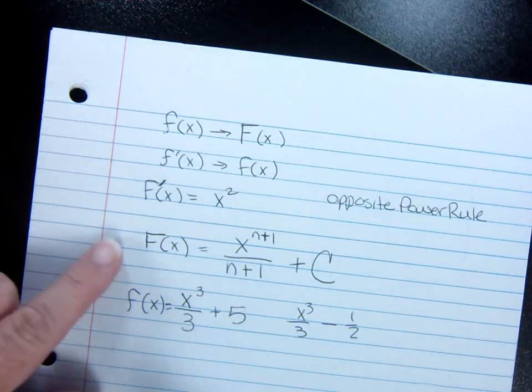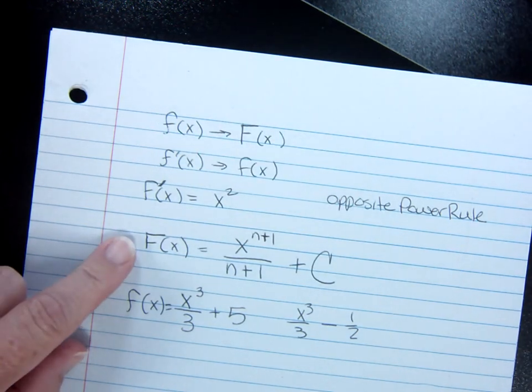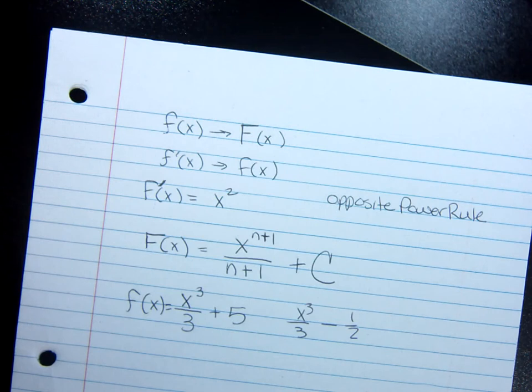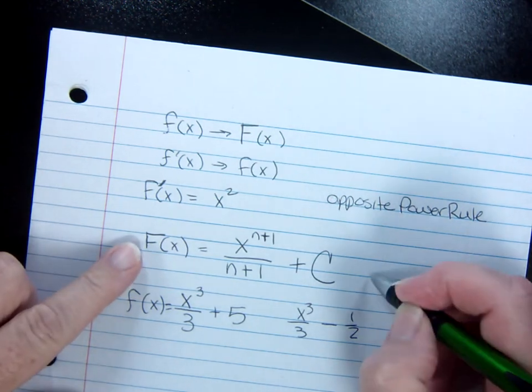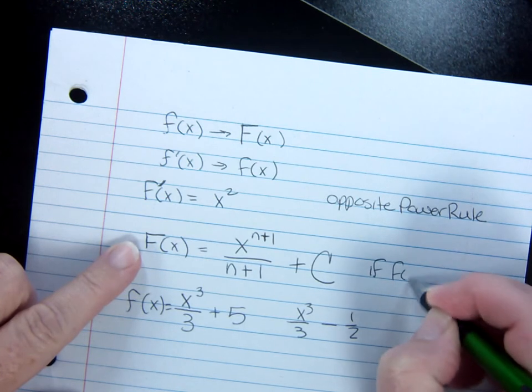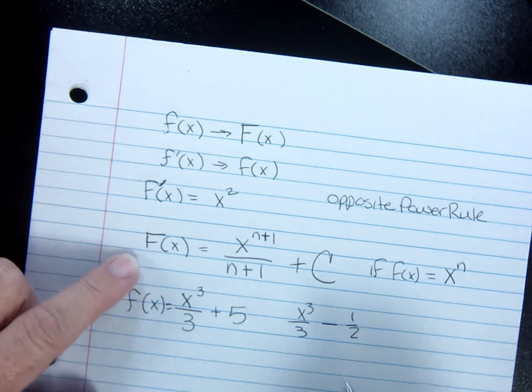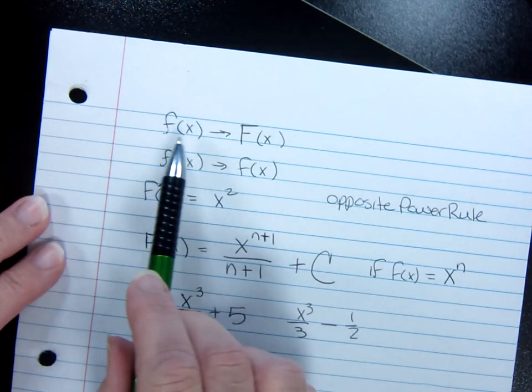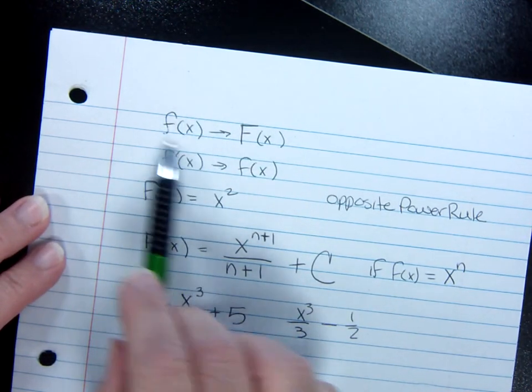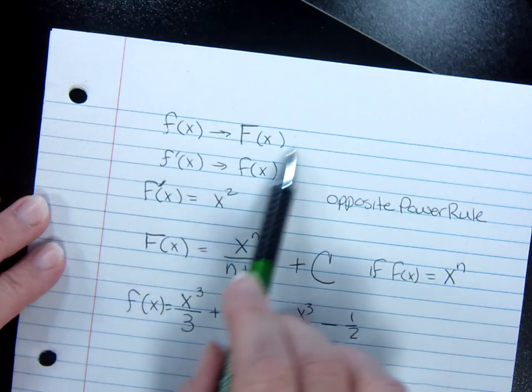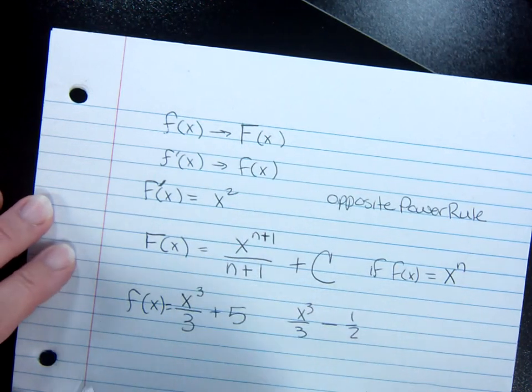Okay, so we have F of x equals x to the n plus 1 over n plus 1 plus c, and that is if little f of x equals x to the n. So here is the notation where we're using this for the rate function and this for the original function.